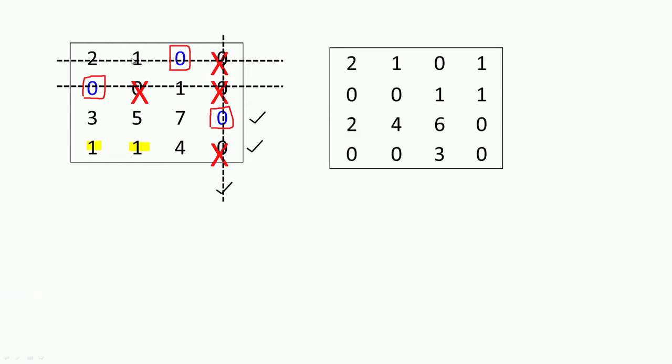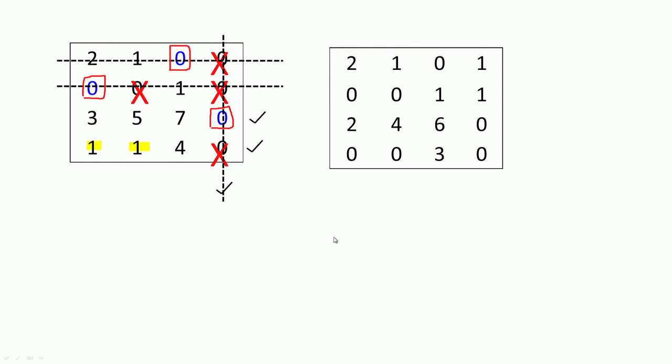Now, this 2 1 0 will remain, this 0 will become 1 as theta is added, 0 0 1 remains, this 0 will become 1 as theta is added, 2 4 6 0, 2 4 6 0, 0 0 3 0. So, this is the reduced matrix.